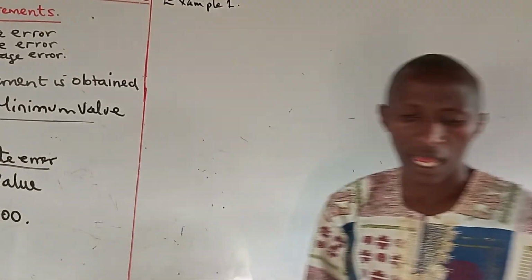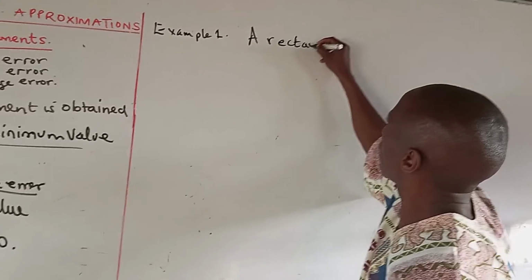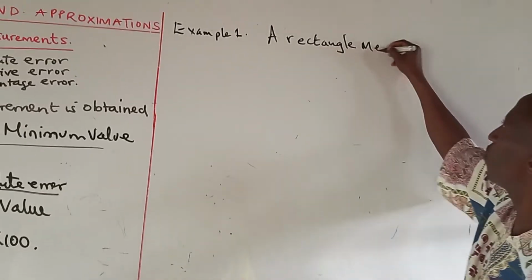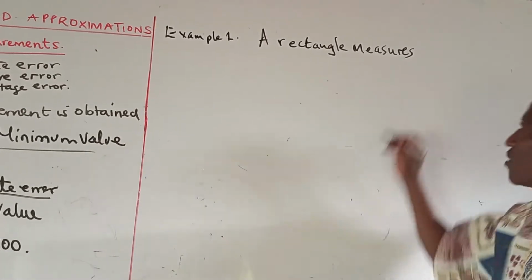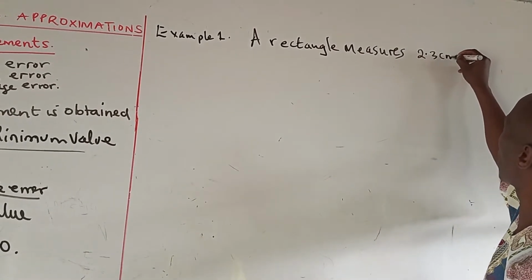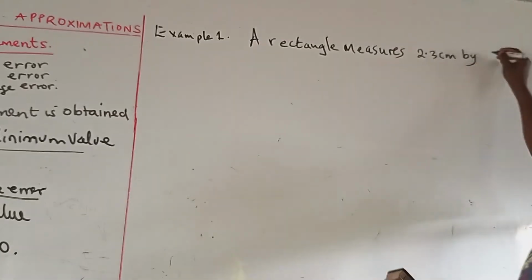We are given that a rectangle measures 2.3 centimeters by 4 centimeters.